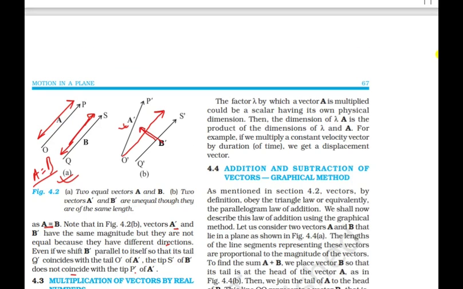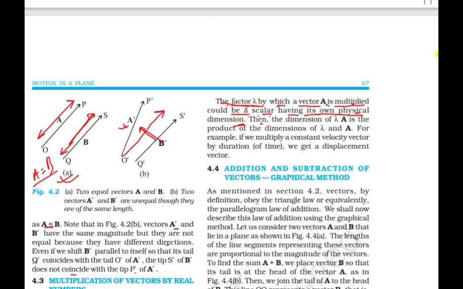The factor lambda by which a vector A is multiplied could be a scalar having its own physical dimension.